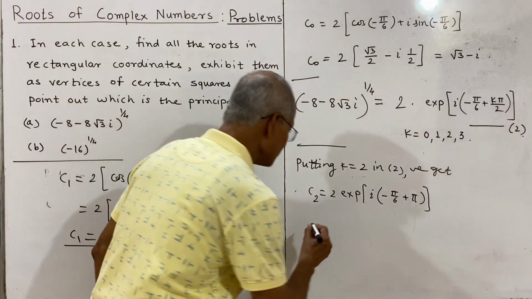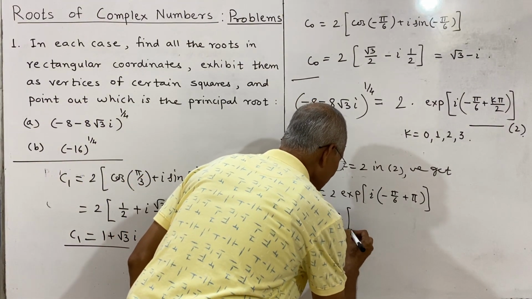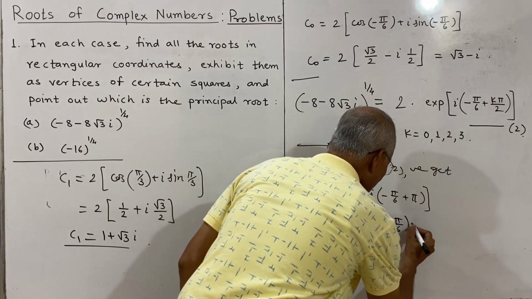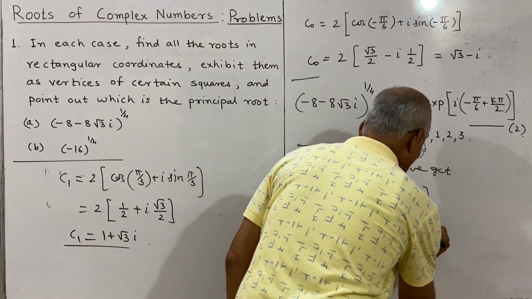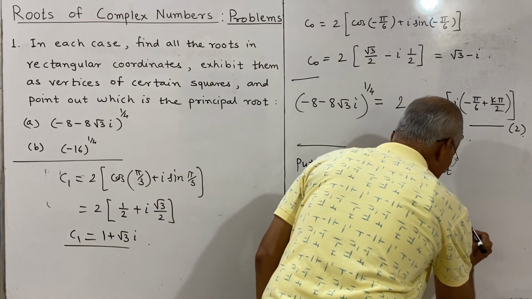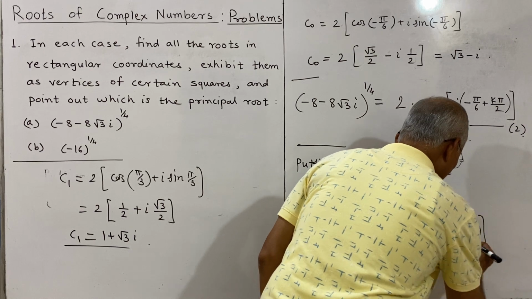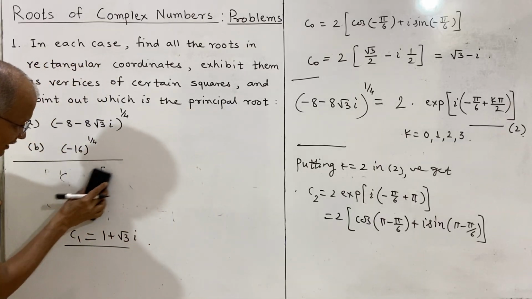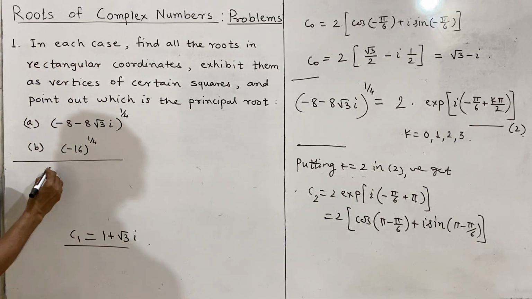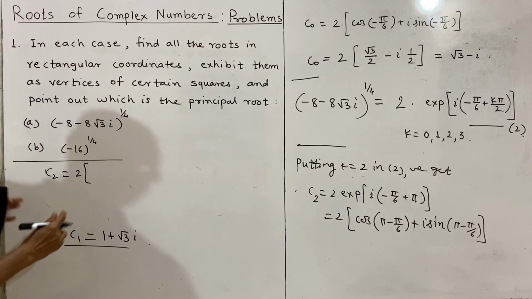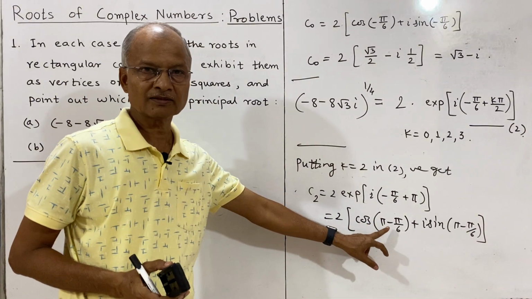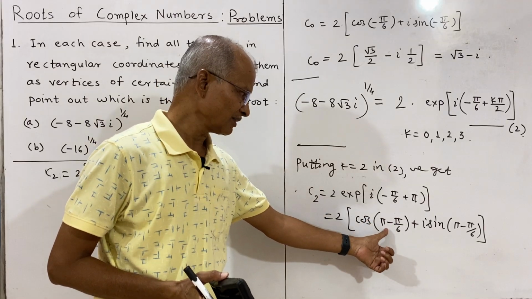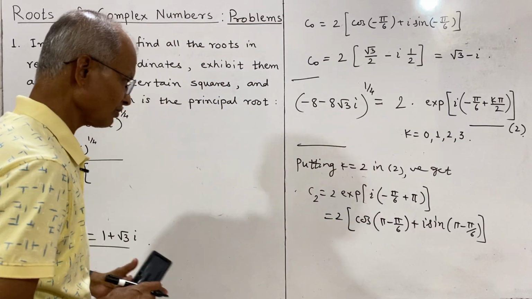because we shall use the allied angle formula to simplify C2, and this is 2, and exponential of this means cos pi minus pi by 6 plus I sin pi minus pi by 6. And you see, C2 is equal to 2 into bracket cos of pi minus theta is cos theta, but negative, because this angle lies in the second quadrant, where cosine is negative.